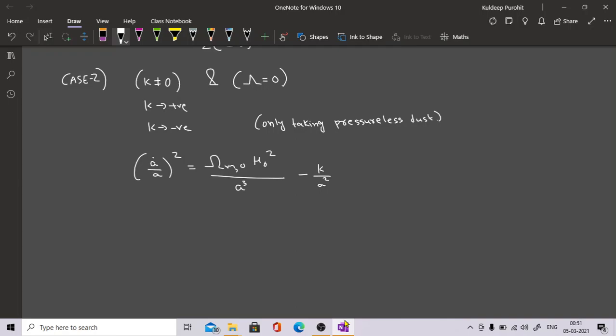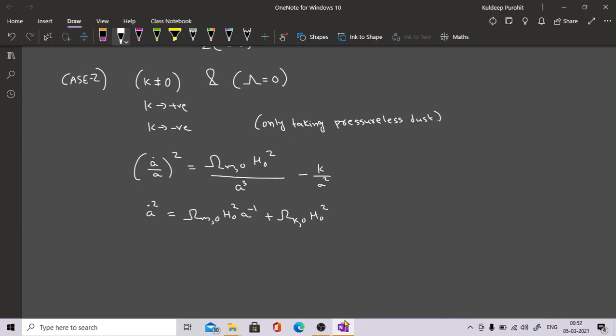I can also write this k term in terms of the density parameter, which I will be doing, and I will multiply it with a square on both sides. So it will be omega m0 H0 square a to the power minus 1 plus omega k0 H0 square.